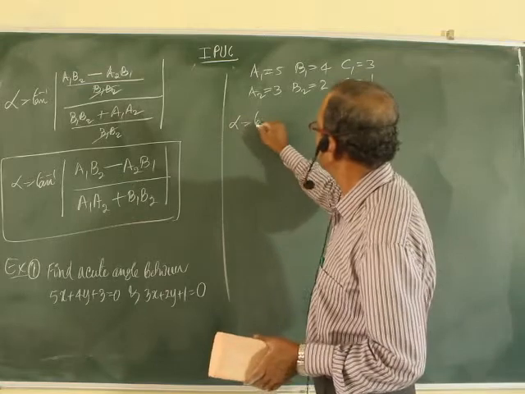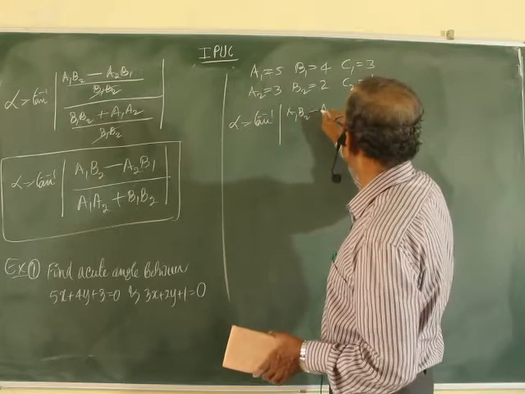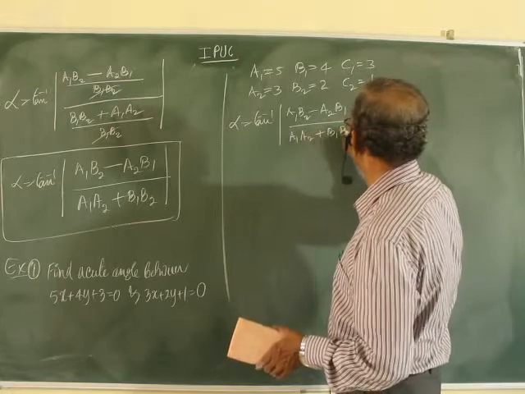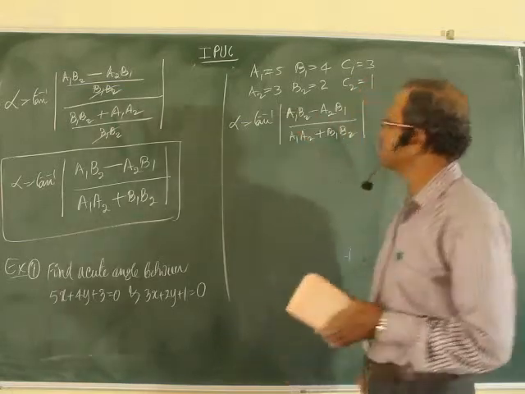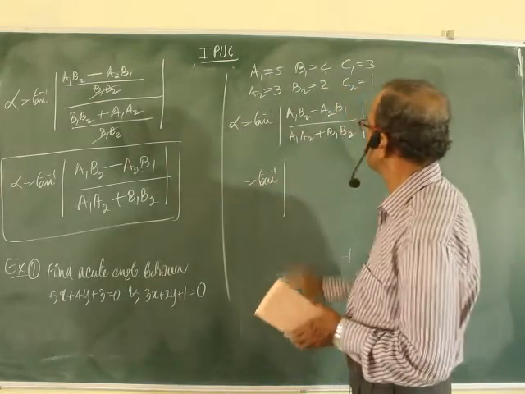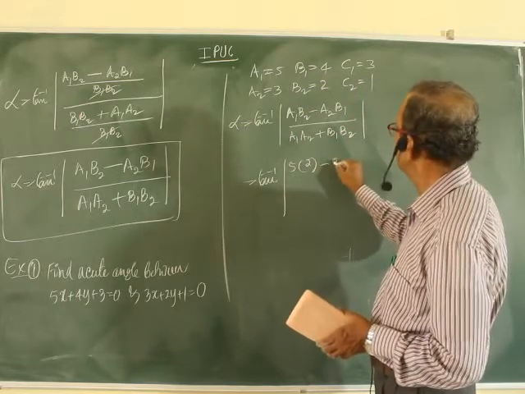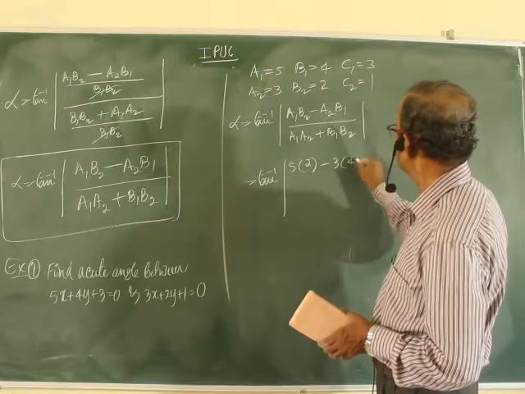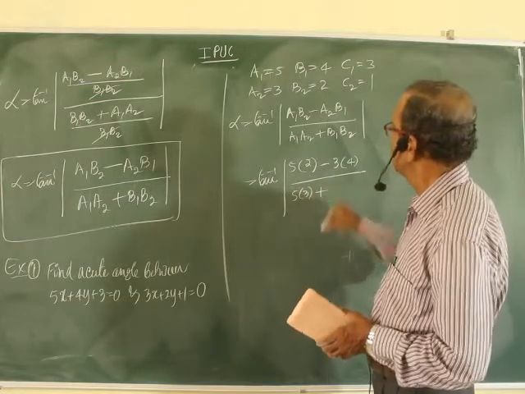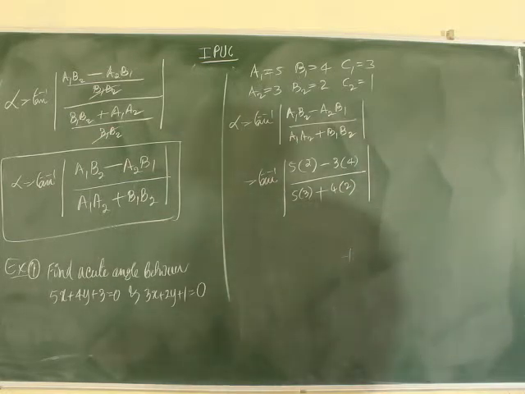Angle alpha equal to tan inverse of a1 b2 minus a2 b1 by a1 a2 plus b1 b2. This is the easiest formula. Write all the values: tan inverse of a1 b2 minus a2 b1 divided by a1 a2 plus b1 b2. Simplify, get the answer.